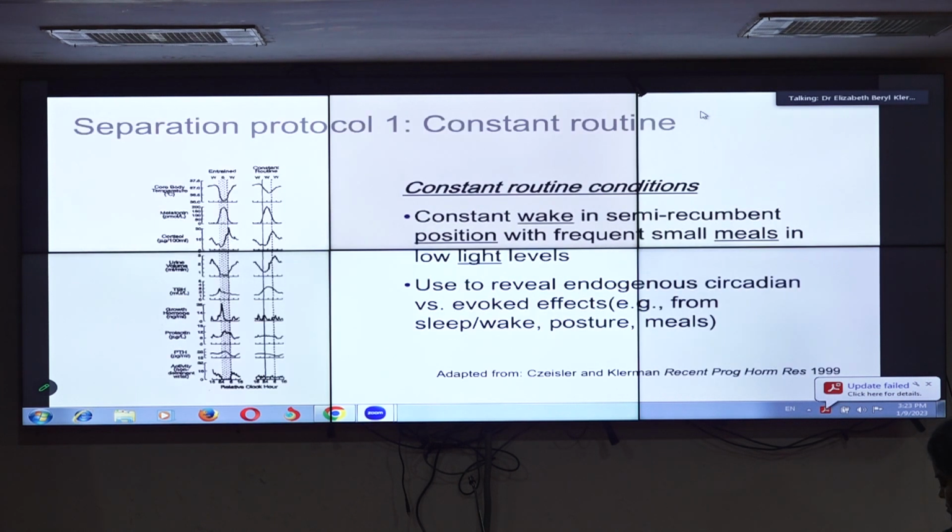The constant routine is done in constant conditions: continuous wake, usually around 40 hours, in a semi-recumbent position so you don't change posture, with frequent small meals, usually around once an hour, so there are no large meals that might affect all sorts of things, in low light.